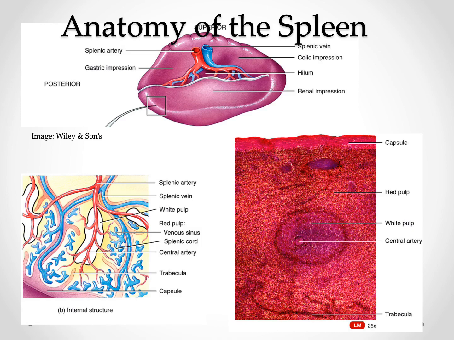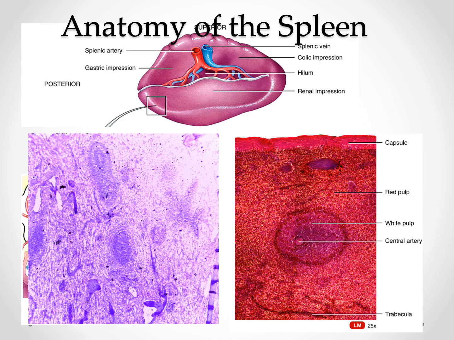One of the things that we can look at in terms of the histology of the spleen is that we'll notice there are distinct channels within the spleen that are truncated by reticular proteins.